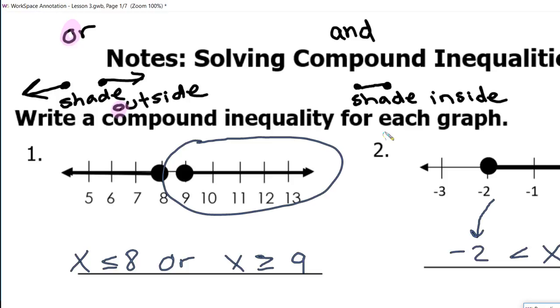It's closed. So if this one is closed at -2, the symbol by the -2 needs to be equal to. Now looking at the endpoint at 0, this one is open, so make sure this one does not have the equal to at 0. The only one that's equal to is -2, because that's the only one that's closed.